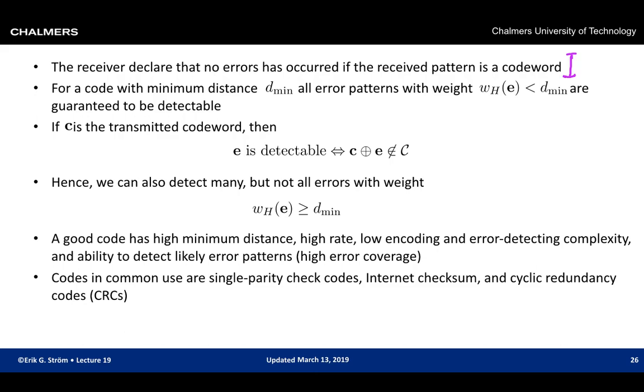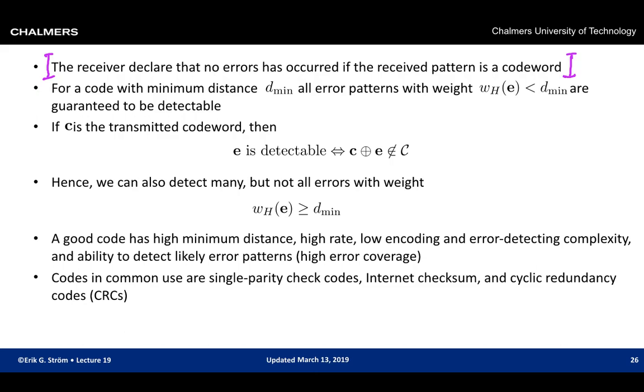If the receiver should make a decision whether the string of bits is an OK string, that there have been no errors, or if there have been errors, the only sensible decision the receiver can make is to look at this sequence of bits and determine, is it a code word or not? Because the receiver knows that only code words have been transmitted. So for sure, if the received bits are not a code word, then an error has occurred.